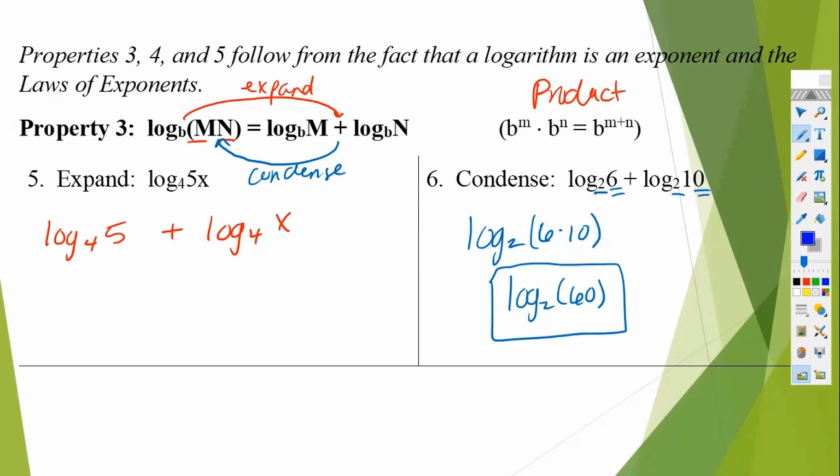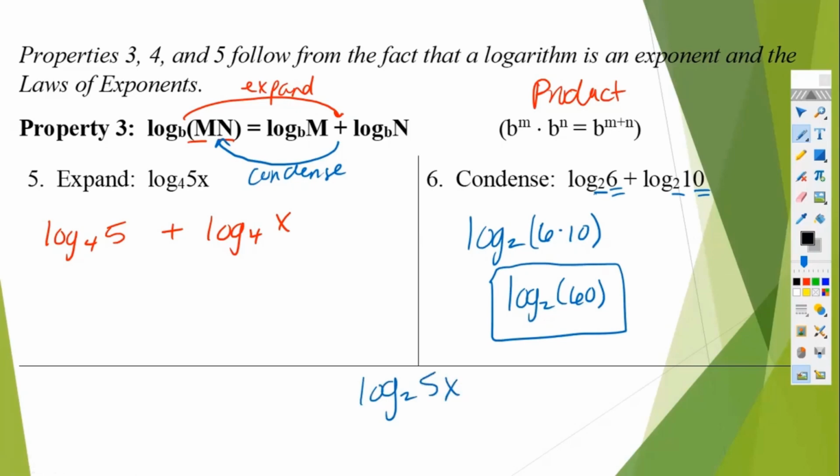All right. How do we feel about the product rule? Good. Are we okay with it? All right, let's do an out loud check really quick. Ready? It says log base 2 of 5x. Out loud.